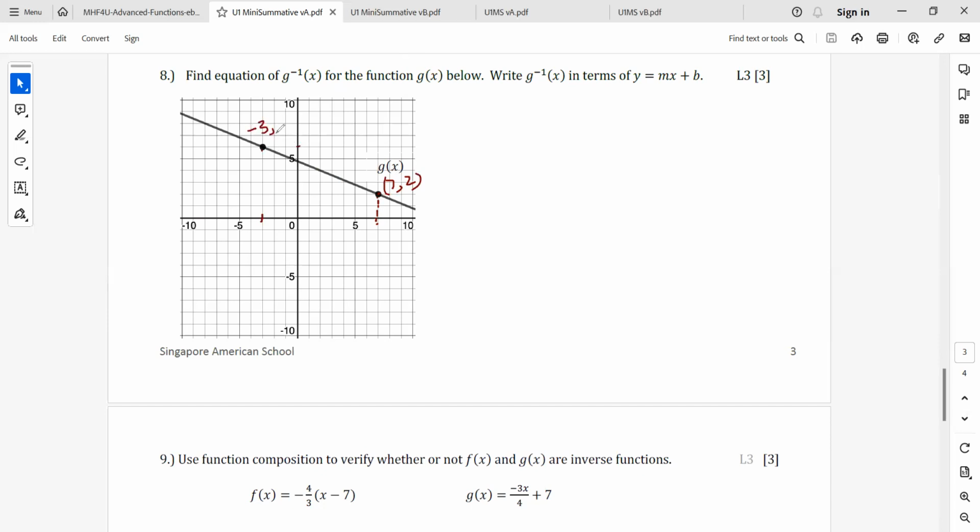and 6. If we have 2 points, we can always find the slope m, which is equal to y2 minus y1 over x2 minus x1. So y2 minus y1 is 6 minus 2, over -3 minus 7.